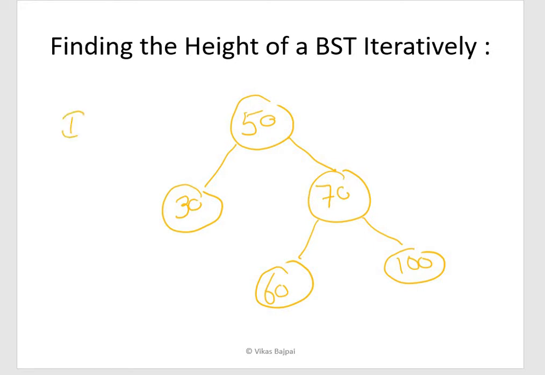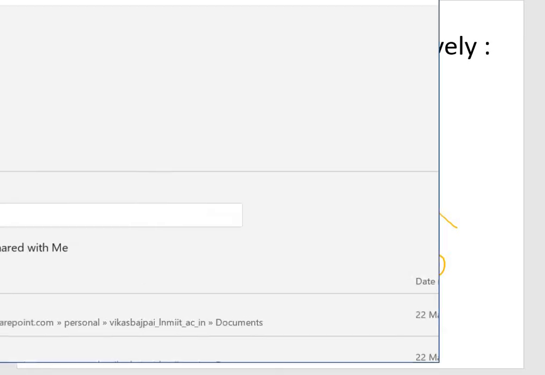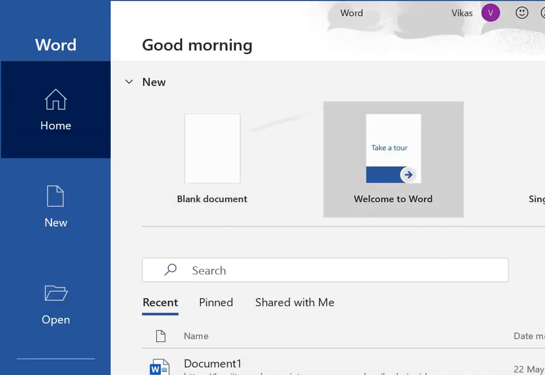So what we can do, for iteratively finding the solution, is I can use the number of nodes on the longest path from the root node, right?